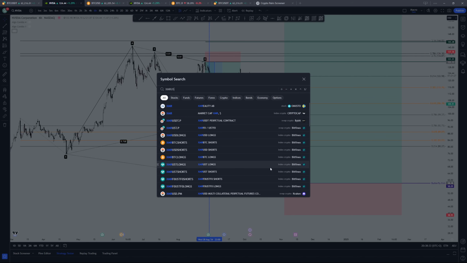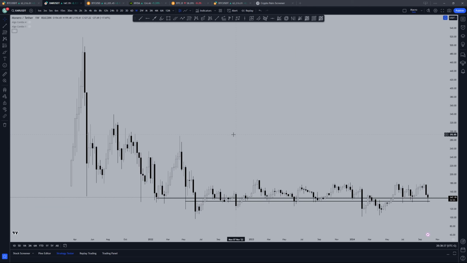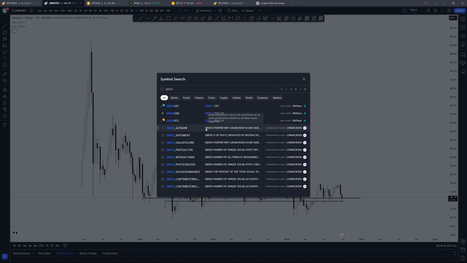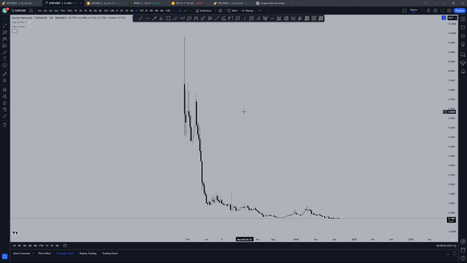As far as I know XMR is one, I think. I just don't look at privacy coins. Waves was one as well, right? I don't know what the privacy coins are. QRDO.